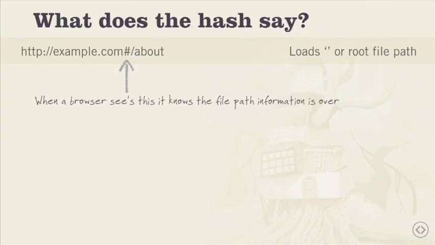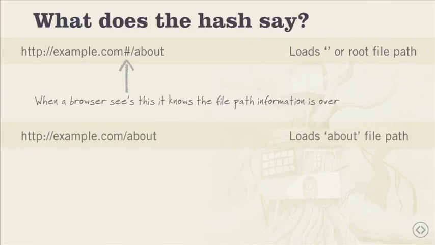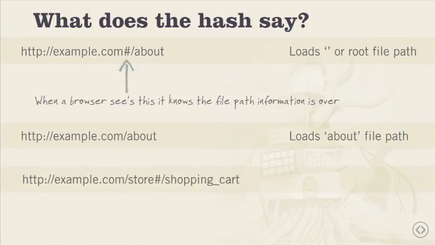If we didn't have that hash, well, our application would error out because there is no file path in our app. If we followed a more complex path, like you see here, it's going to load up the store file path on our server, maybe look for a store.html, and then if that's an Ember application, it might look at the remainder of the URL to load the shopping cart route.